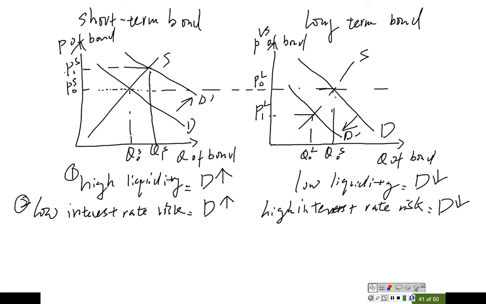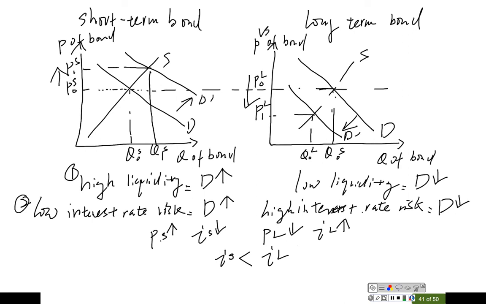So the price of the short-term bond will go up, which means the interest rate of the short-term bond will drop. And the price of the long-term bond, as this graph indicates, will drop, so its interest rate will go up. So here you can see the short-term bond's interest rate will be smaller than the long-term bond's interest rate.